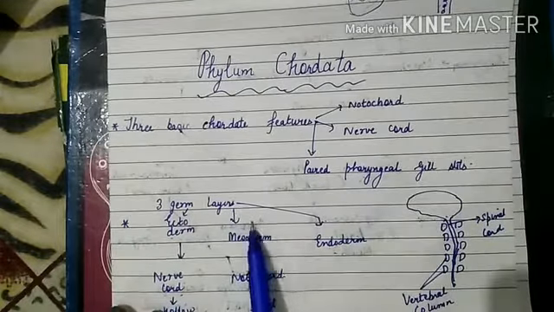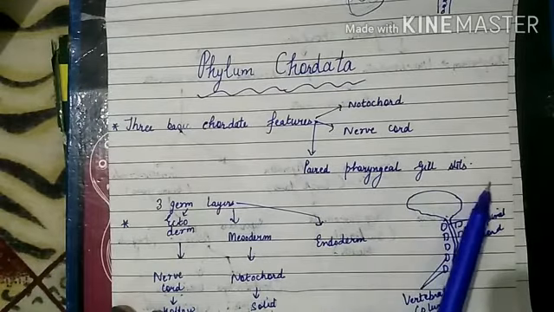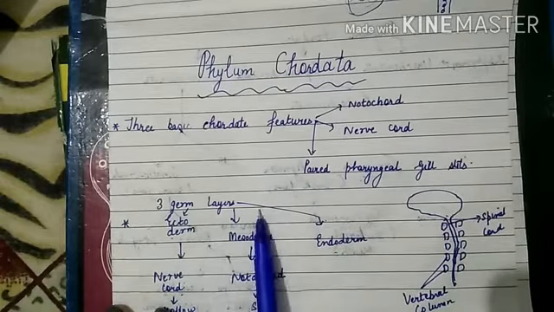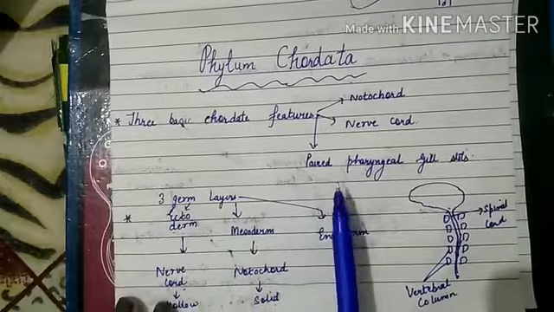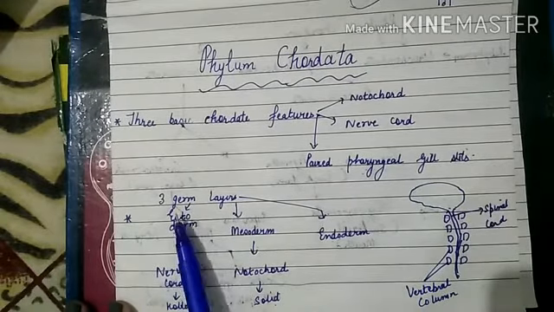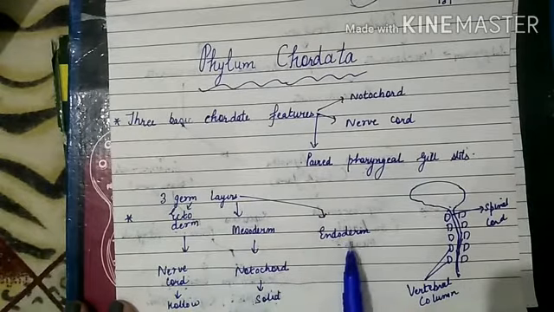In the development of a human baby, there are three germ layers, which we have already studied in 10th class. In human embryonic development there is formation of three germ layers, named ectoderm, mesoderm and endoderm.